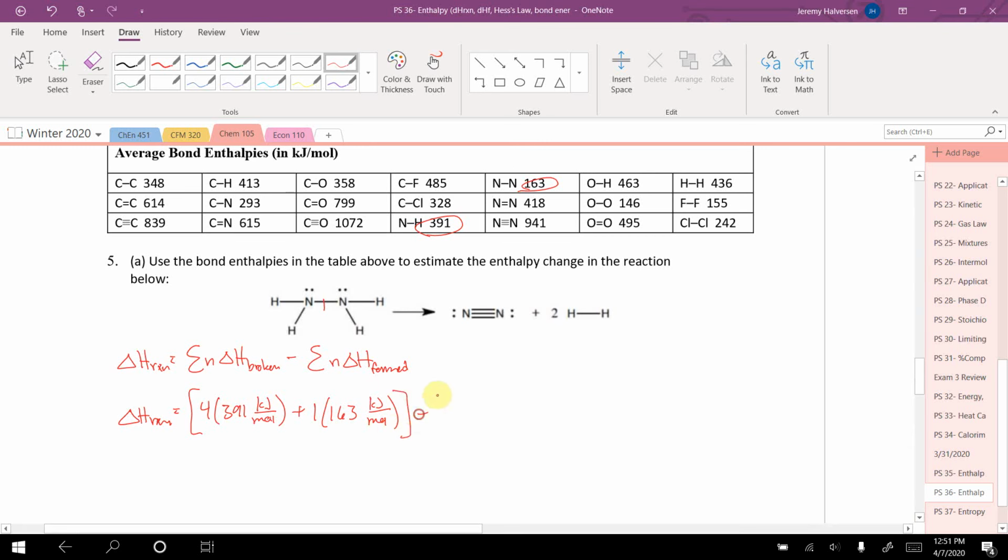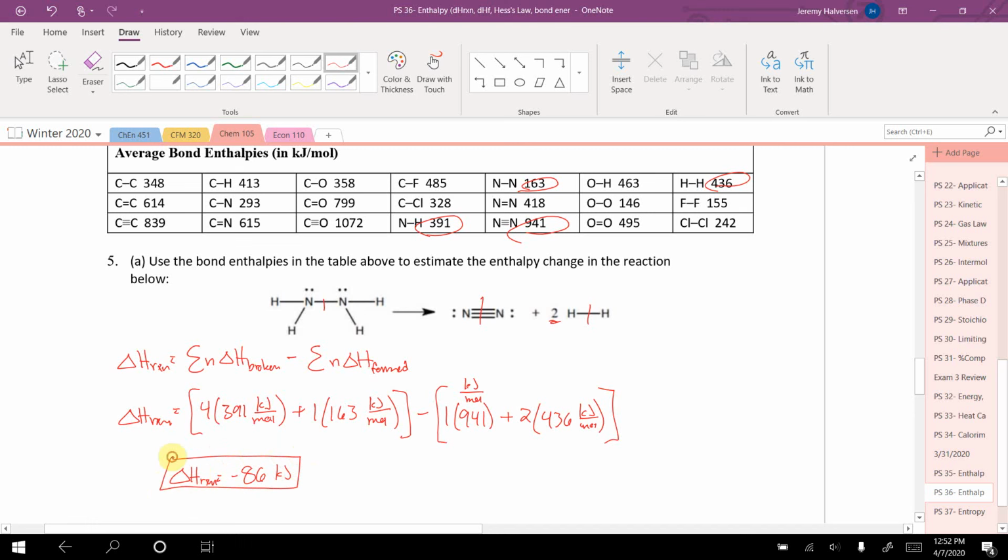That's what I'm breaking. What am I forming? Forming an NN triple bond, which is 941. And I'm forming 2 HH bonds, which are 436. Which gets me the delta H of this reaction is negative 86 kilojoules.